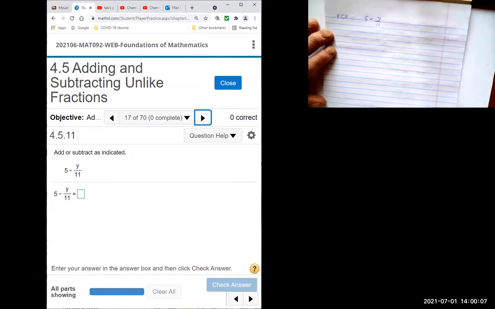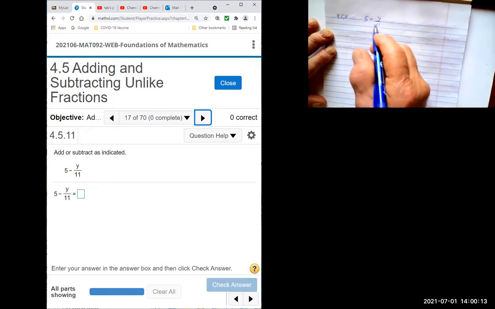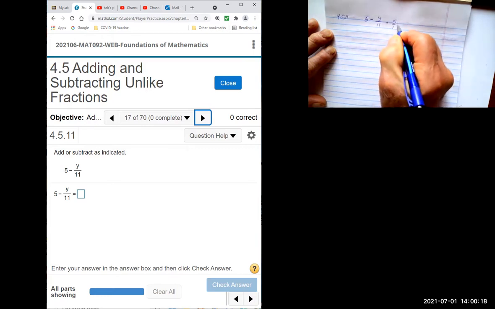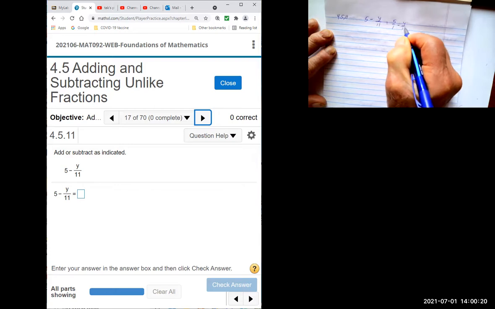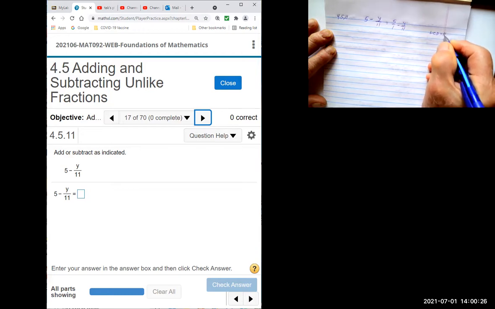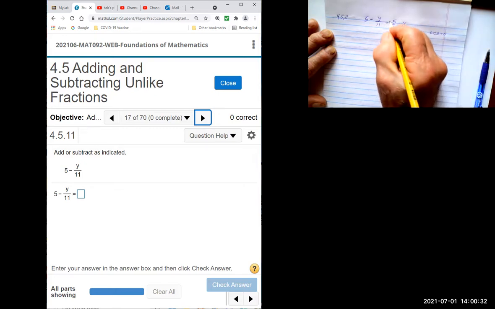Here we would like to subtract y over 11 from 5. Well, we need a common denominator, which is obvious: the original problem can be written as 5 over 1 minus y over 11. So the common denominator is 11. The LCD is 11. To change 5 over 1 into the proper denominator, I need to multiply top and bottom by 11.